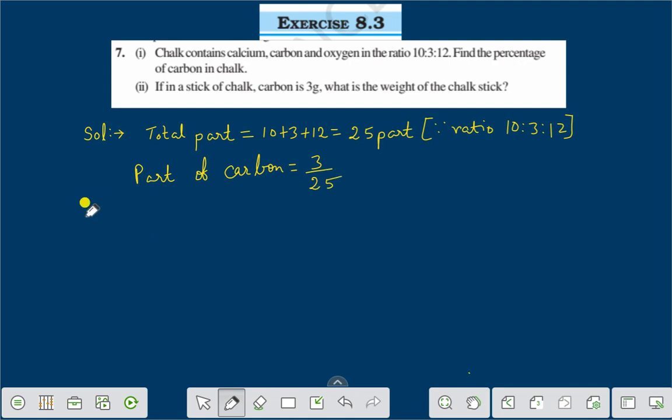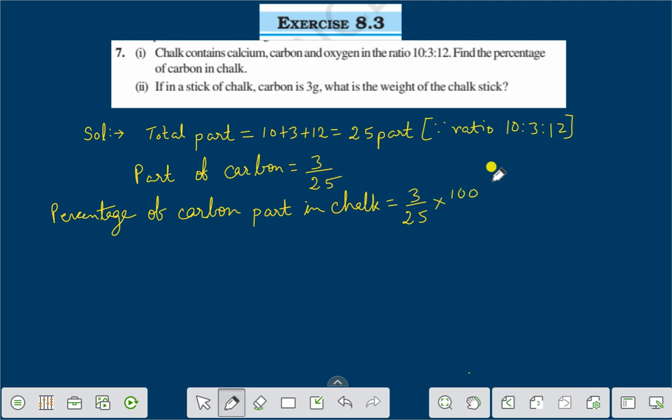Therefore, percentage of carbon in chalk is equal to 3 by 25 into 100%. 25 times 4 is 100, and 3 times 4 is 12%.